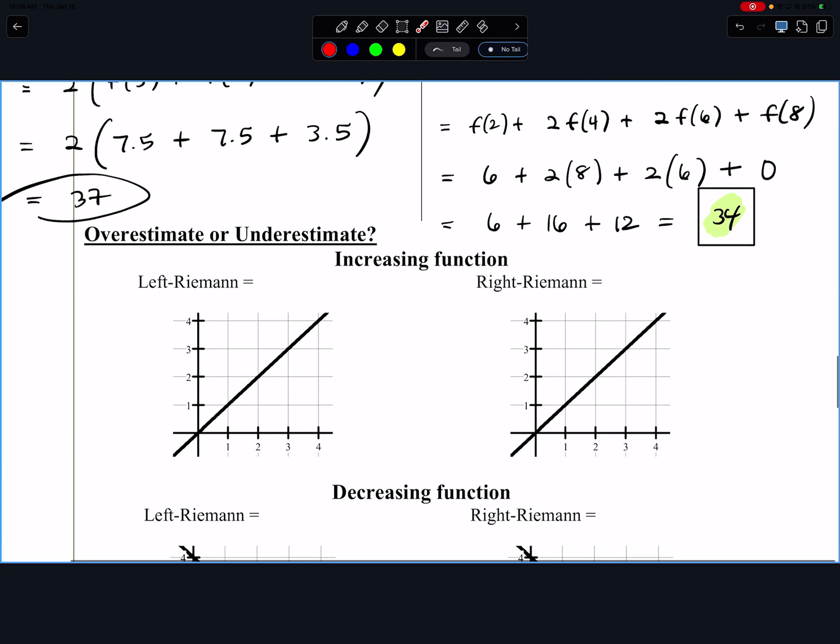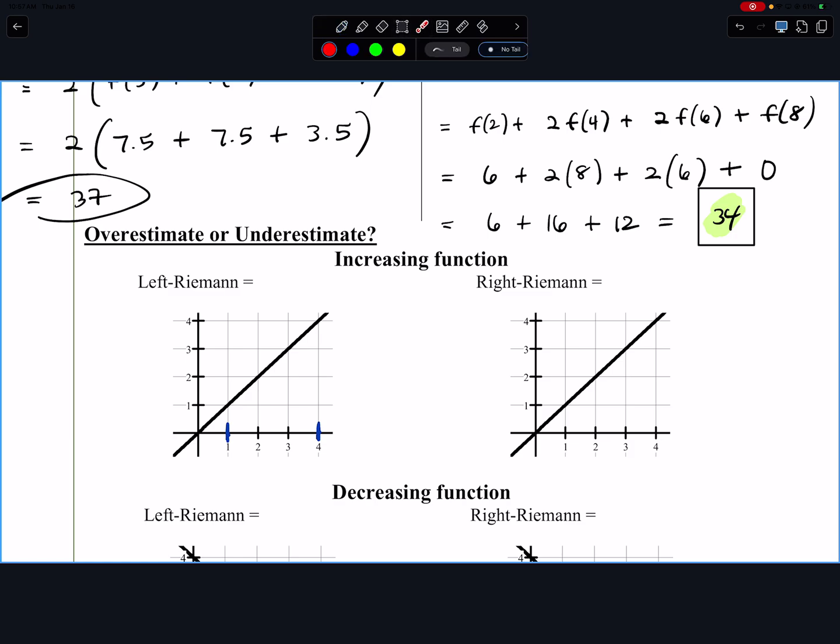So let's just say we're given an increasing function. To keep it simple, let's talk about a line that's going up. If I were to do a left Riemann sum, it doesn't matter what interval you pick, so let's say I want to do it from 1 to 4.